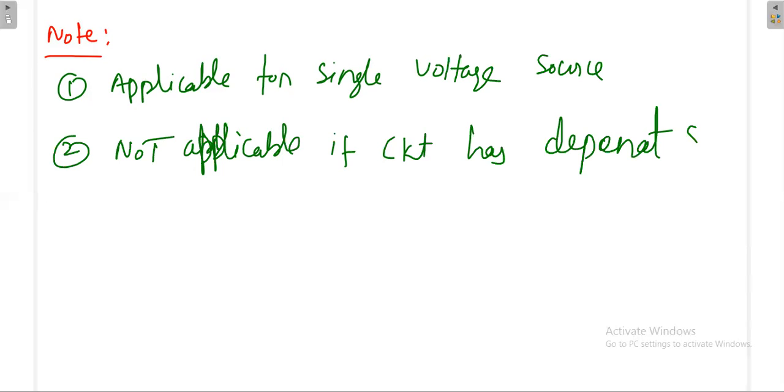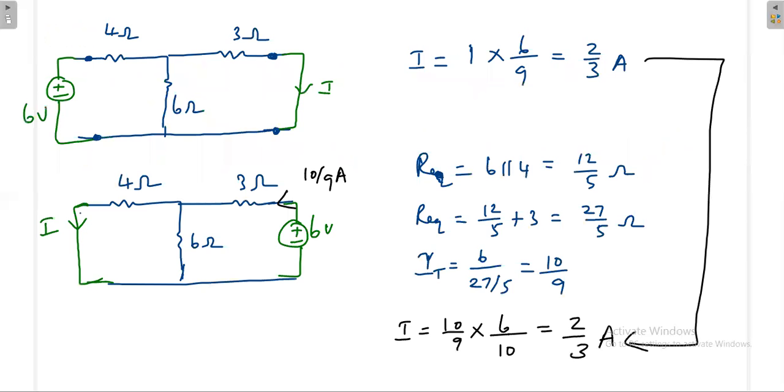So this is the concept you should remember here. Okay, thank you.